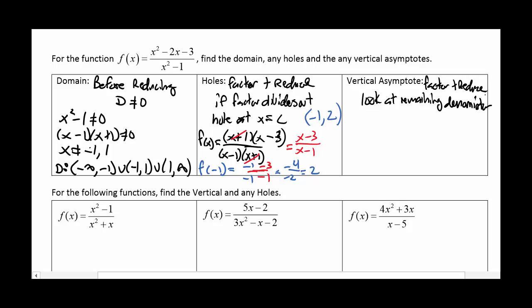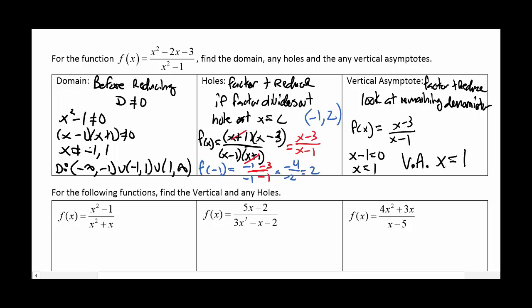So we look at the reduced form, which is x minus 3 over x minus 1, and this is where I set the denominator equal to 0 and solve. So I have a VA at x equals 1. Again, that's the characteristic of that rational, that the vertical asymptote is there.